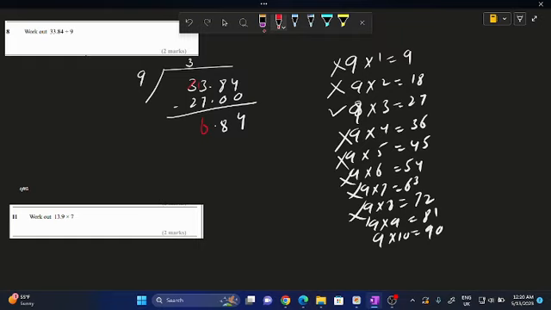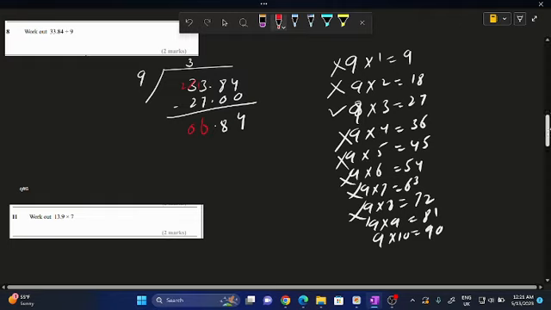Right? 6.84. There would be 2. 2 minus 2 gives you 0. So your answer would be 9 times 3 is 27, and after doing a subtraction your answer is coming as 6.86. So that's the complete division for question number 8.